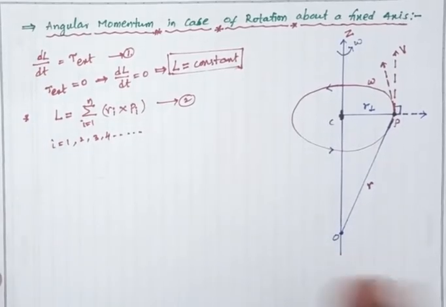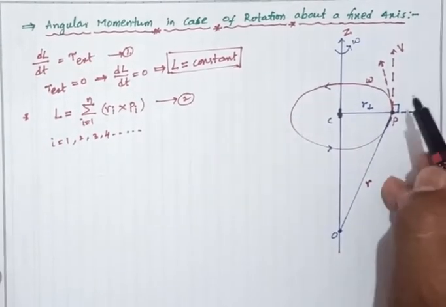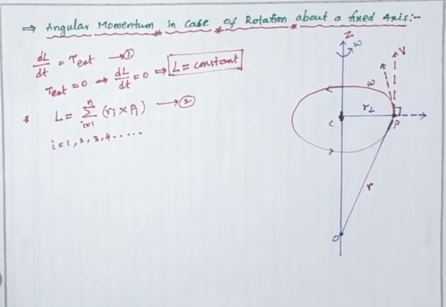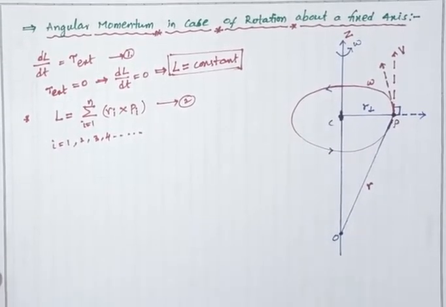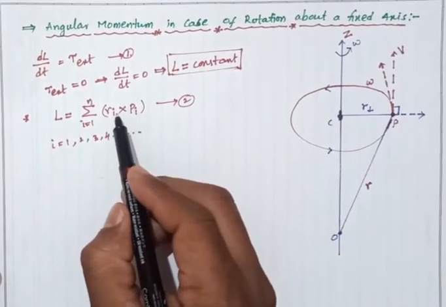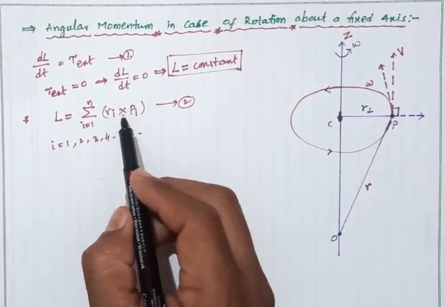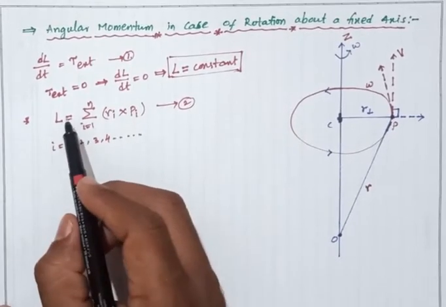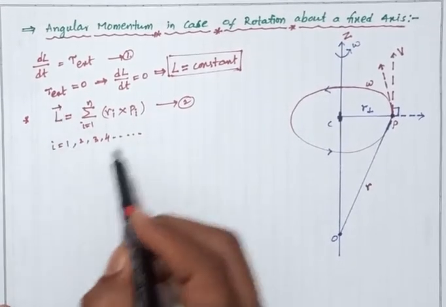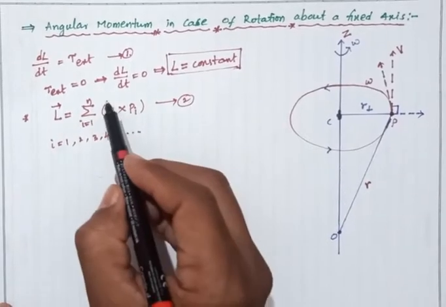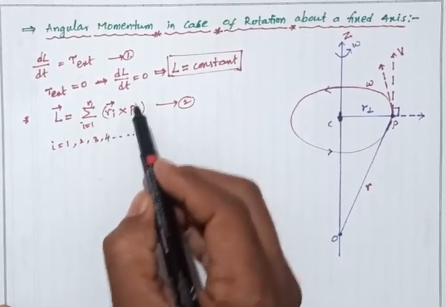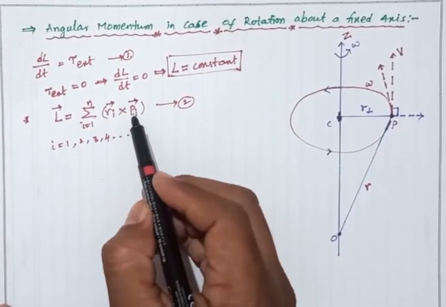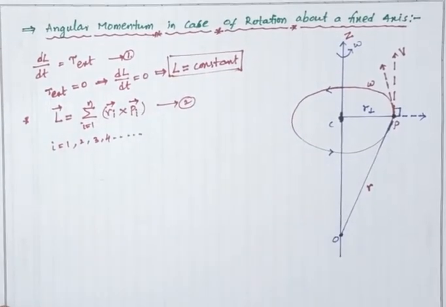That is, we consider any particle. For the ith particle, the summation of Ri cross Pi gives the relation between the angular momentum and linear momentum, that is vector Ri cross vector Pi.